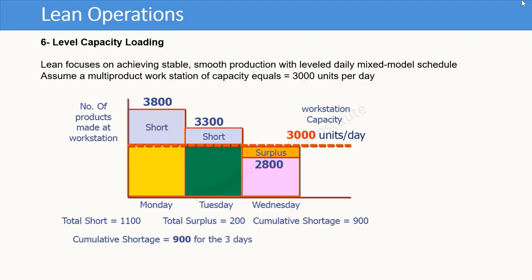What is level capacity loading? It can be achieved by leveling the daily mixed model schedule. This will lead to stable, smooth production, as in the following example.